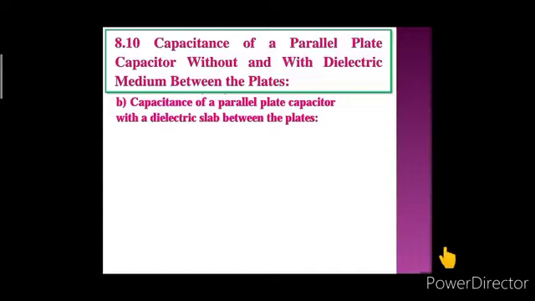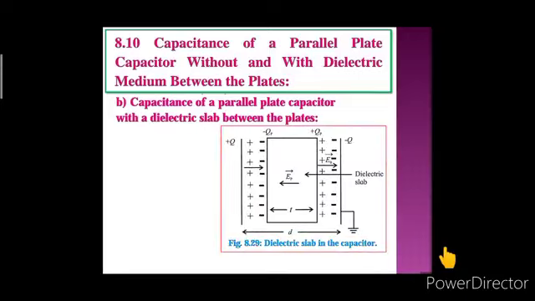As already we had derived the expression for the capacitance of a parallel plate capacitor, C is equal to A epsilon naught upon D. Now let's see how this equation gets modified with a dielectric slab in between the plates of the capacitor.